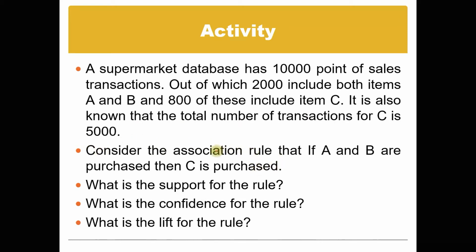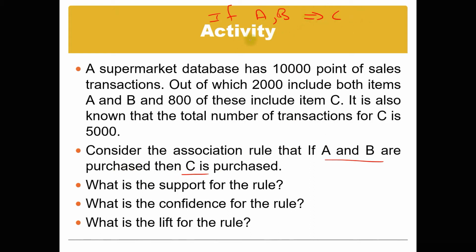So our first thing is that we need to understand the rule. We have a two antecedent rule here: if you buy A and B, then you buy C. That's the rule.